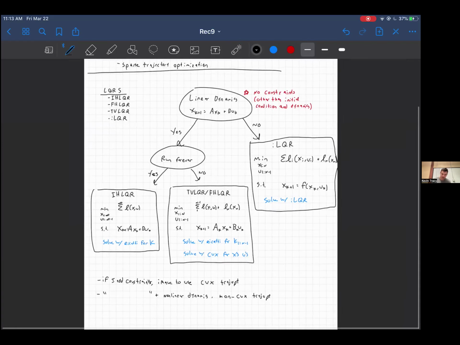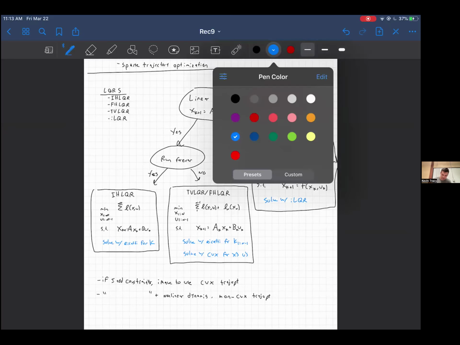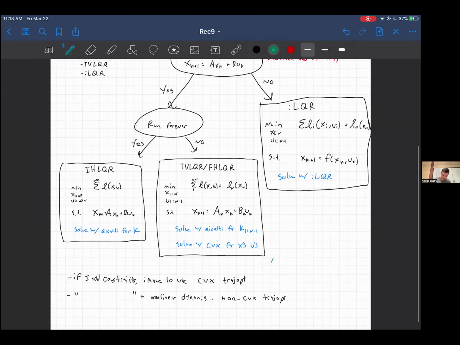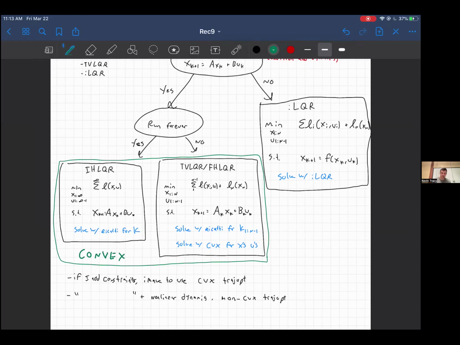And actually, I'll just go ahead and add this in, what color should I use? I'll use a green. And I'll say that these problems are convex, and this problem is not.